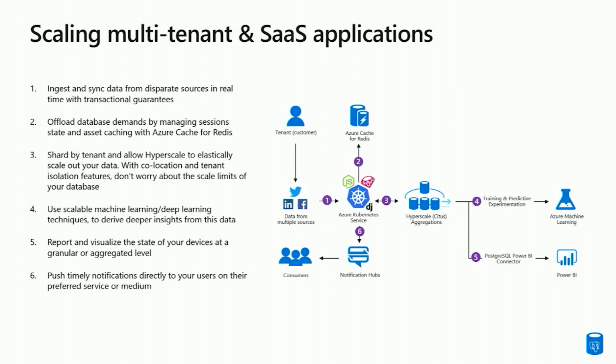Then you can have Azure Cache for Redis for caching purposes, and you can also have tools such as Azure Machine Learning and Power BI hit your Hyperscale Citus database to get visibility into reporting and artificial intelligence purposes as well. So, amazing dashboards.